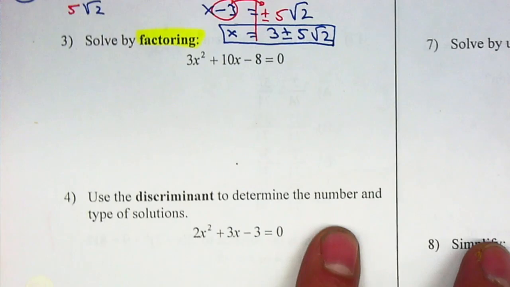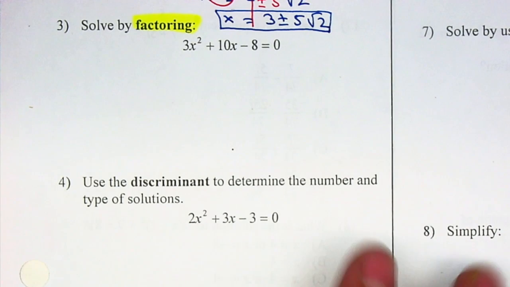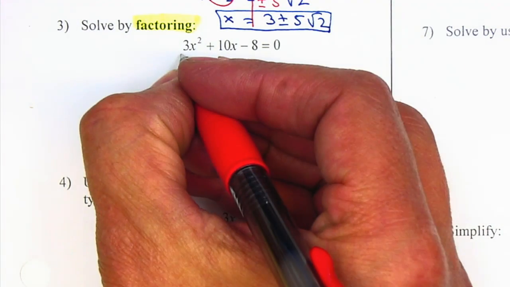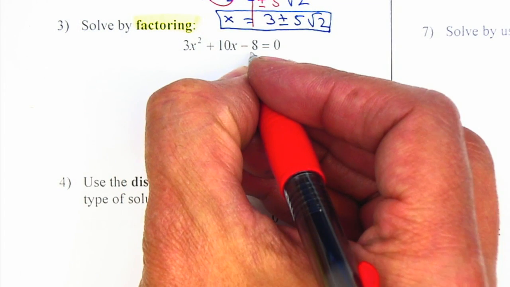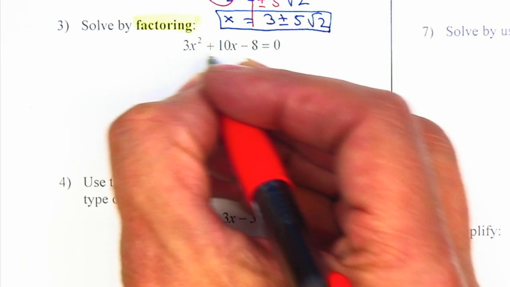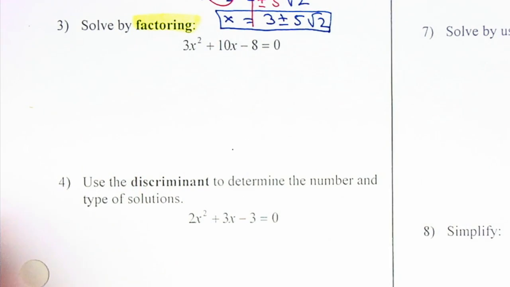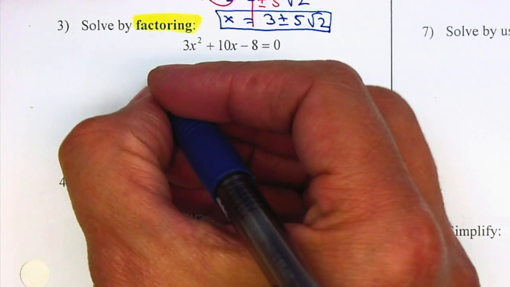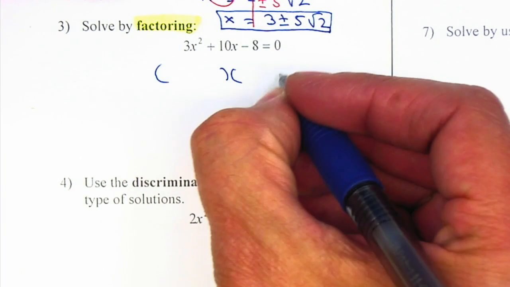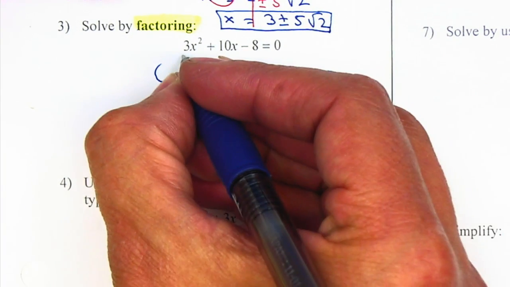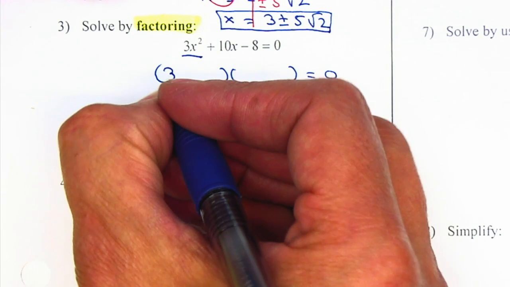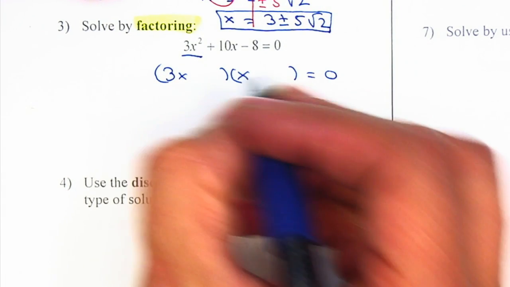Is there a number that divides 3, 10 and 8? No. Do they all have an x? No. So in this case, I can't take out common factors. I'm just going to do my double parenthesis equal to 0. Factors of 3x squared will be 3x and x.